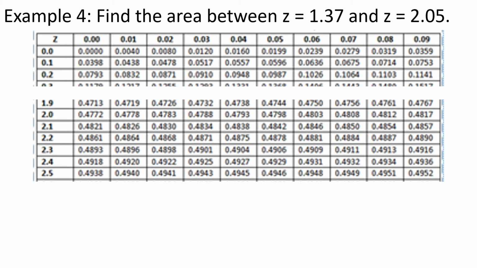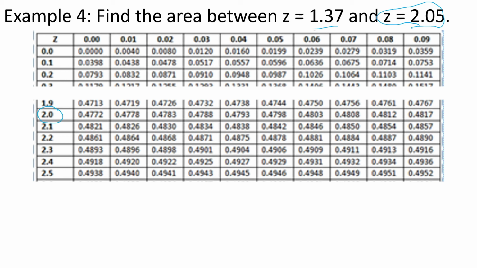Okay, so from the z table, you may opt to get first the area of 1.37, or you may get first the area of 2.05. So let me get first the area of z equals 2.05. Since it is expressed already in terms of 3 digits, then I'll first consider 2.0. From the column, 2.0 is here. So let's encircle it.